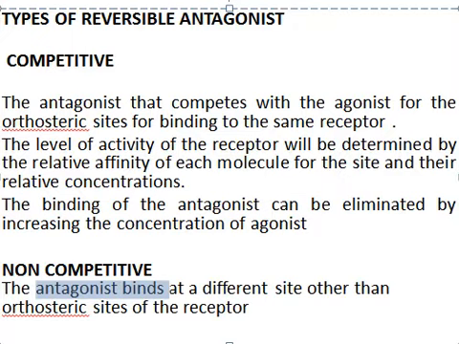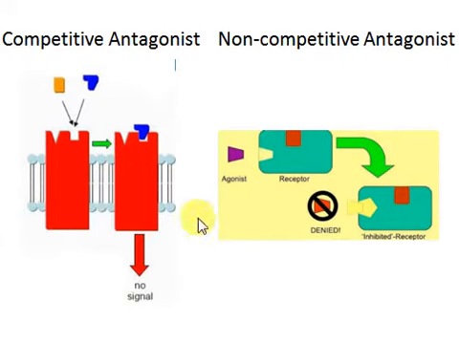Let's consider this example. Here you can see this is your agonist. It wants to bind on this receptor site, which is your active site, and this is your antagonist. The antagonist has bound on this other site. Since it is bound there, after binding to the allosteric site, it causes some change in the active site.